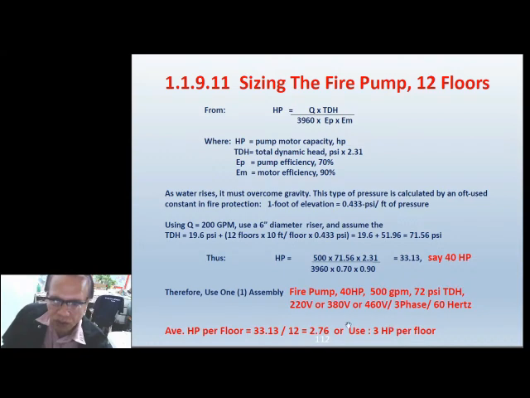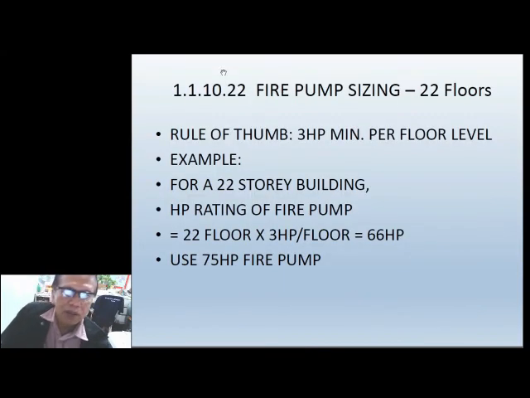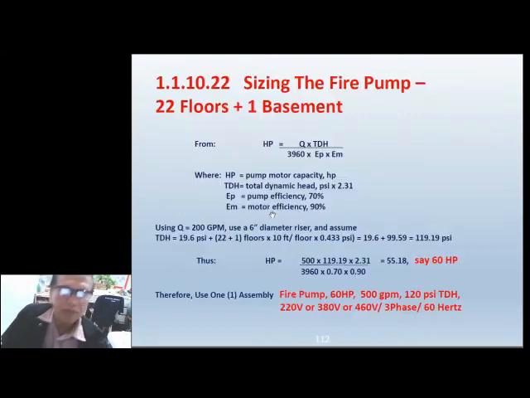So use 3 horsepower per floor. For fire pump sizing on a 22-story building, 22 floors times 3 equals 66. So use the next standard size, which is 75. There is no 70.